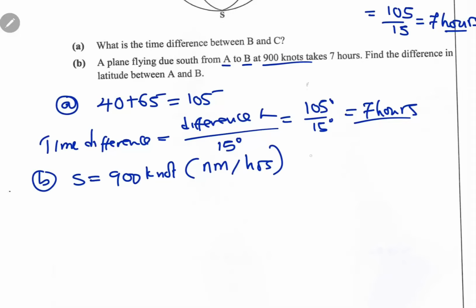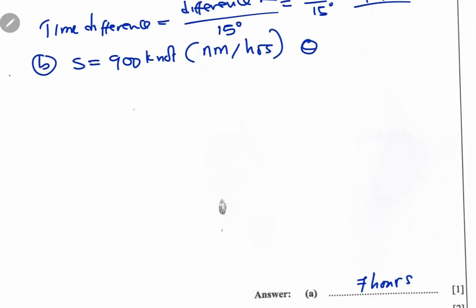In other words, for the difference in latitude, we are finding theta. So what do you do? First, we are going to find the distance. Speed is equal to distance over time. Our speed is 900 knots, equal to distance, which we do not have, over time, which is 7.